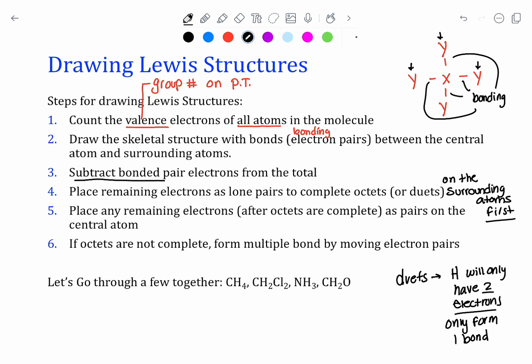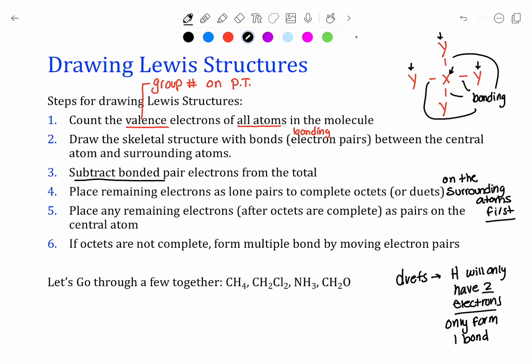So that would be the X. That's our central atom, this atom in the center. Finally, if all of the electrons are gone and we still do not have octets on all of our atoms, that is when we are going to form multiple bonds, and we're going to do that by moving electron pairs.